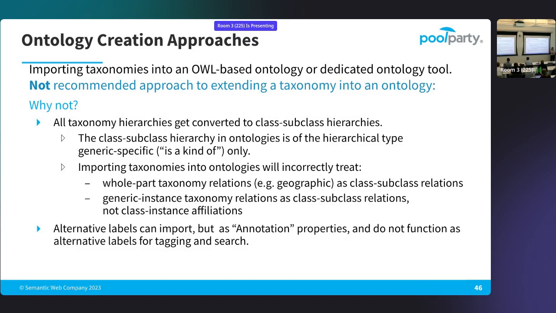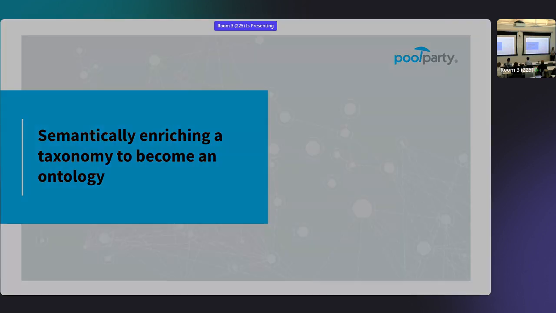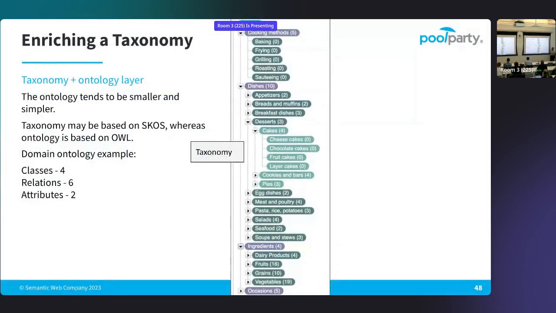And also all those wonderful alternative labels would just get imported as annotations, which aren't very useful, because the whole use of those alternative labels is to support search strings and auto tagging and all the great benefits with taxonomies. So this is kind of summing it up here.